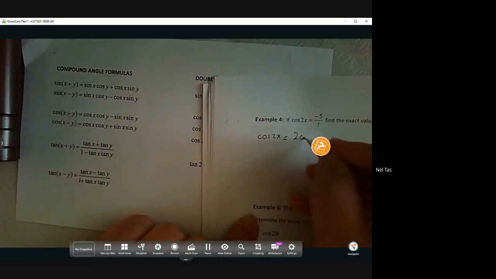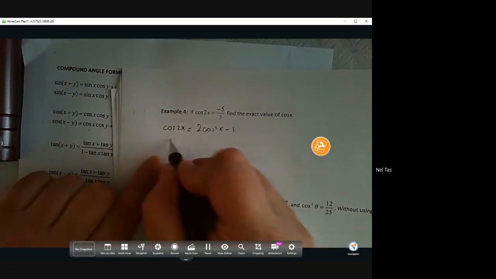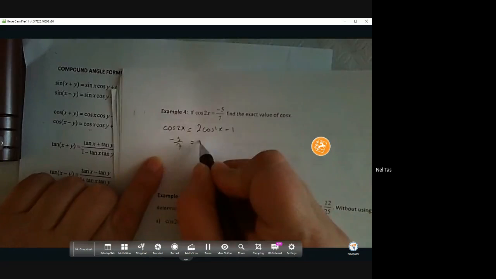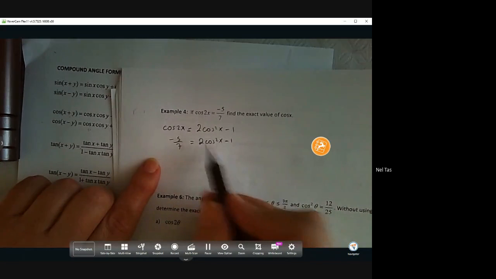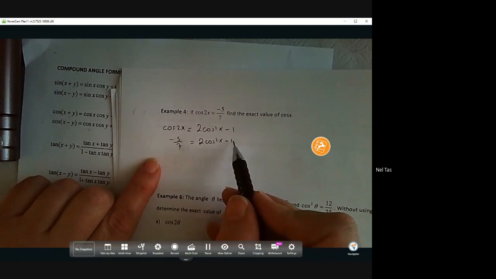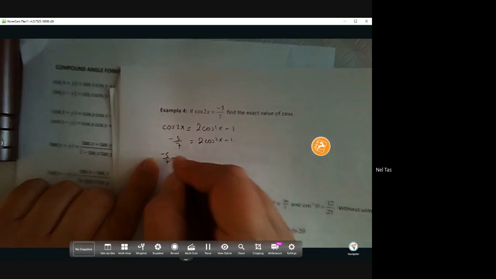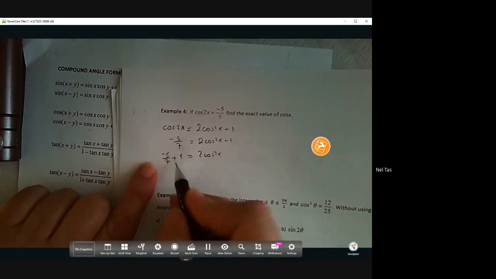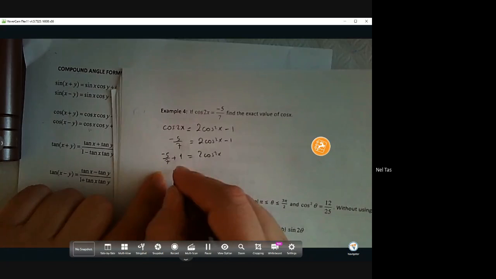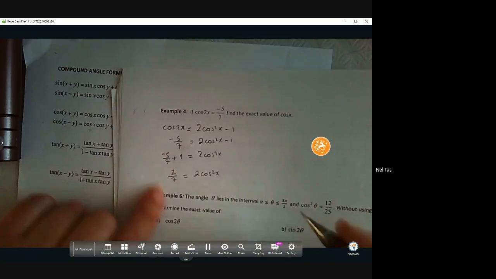Cos 2x equals 2 cos squared x minus 1. Cos 2x is negative 5 over 7, so negative 5 over 7 equals 2 cos squared x minus 1. We can isolate cos squared x from here. Take negative 1 and move it over, so you have negative 5 over 7 plus 1. Have a common denominator and simplify. You get 2 over 7 equals 2 cos squared x.